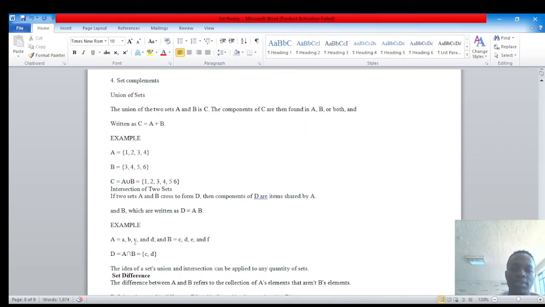C and D. So A intersection B is equal to CD. We close it with a bracket and open it with a bracket.